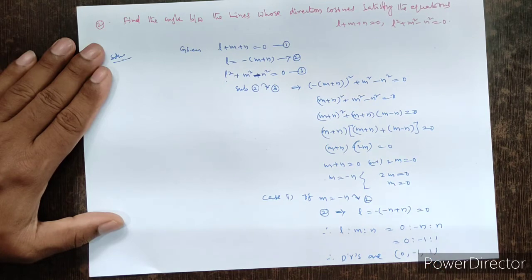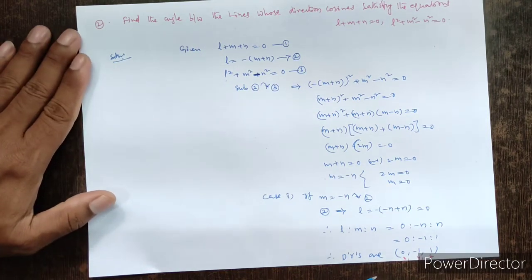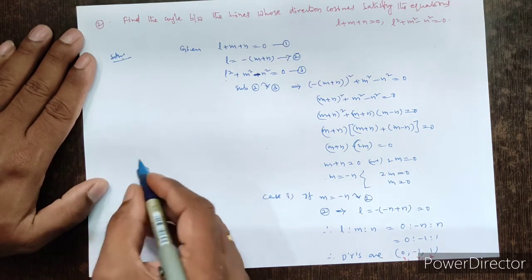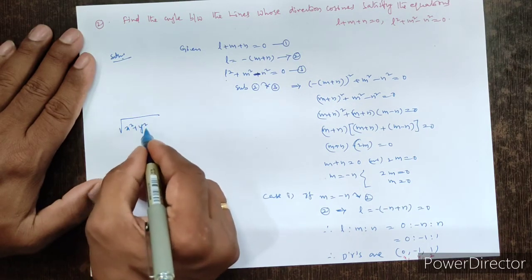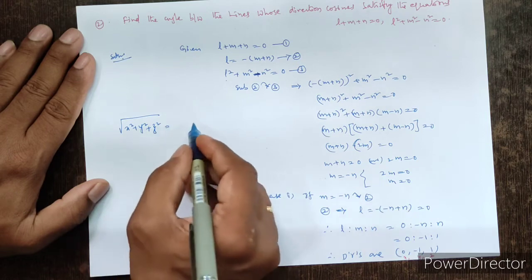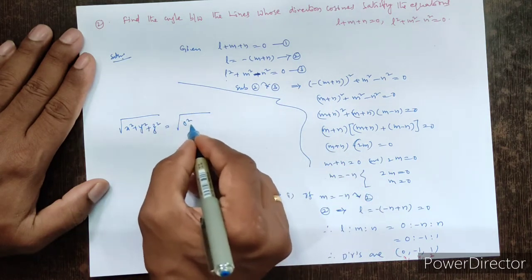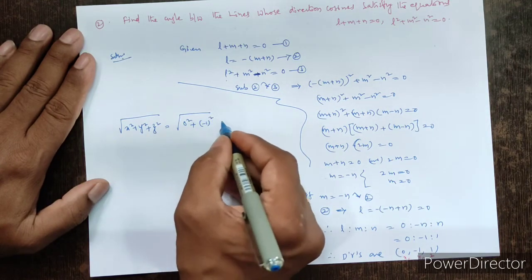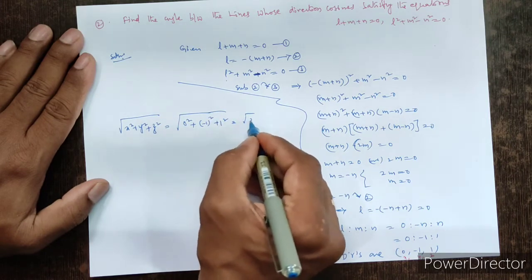So this is x, y, z. If they give the direction ratios, we can find the direction cosines. For that, first find x square plus y square plus z square, that is 0 square plus minus 1 whole square plus 1 square, that is root 2.